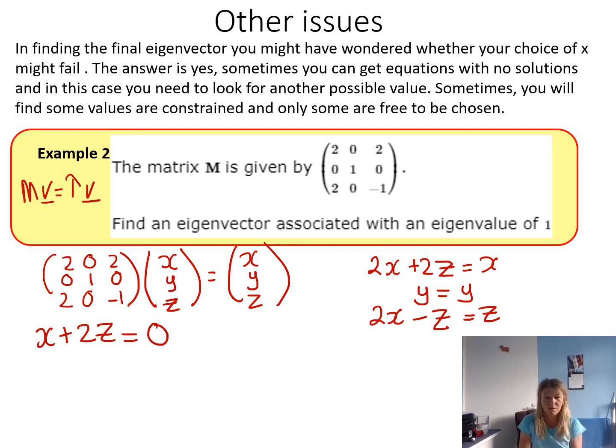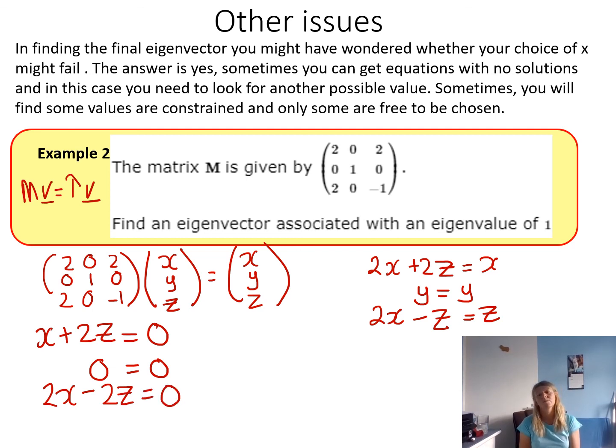You have y, naught equals naught, so naught equals naught, basically, on the middle one. And the bottom one is 2x minus 2z equals 0. Right, that's going to be a little problem, isn't it? I think we can see that.